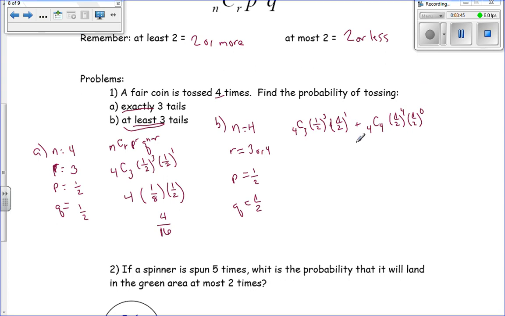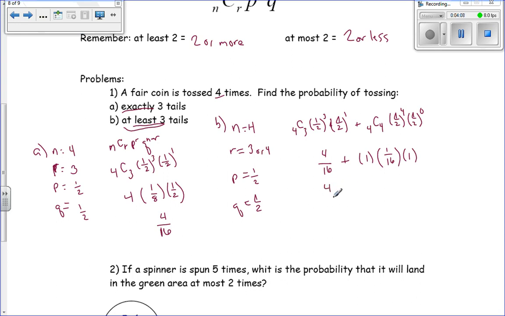We just figured out in part A what 4C3 times 1/2 to the third, 1/2 to the first is. That is 4/16. We don't need to do all that work over again. Plus 4C4 is 1. 1/2 to the fourth is 1/16. And anything to the 0 power is 1.